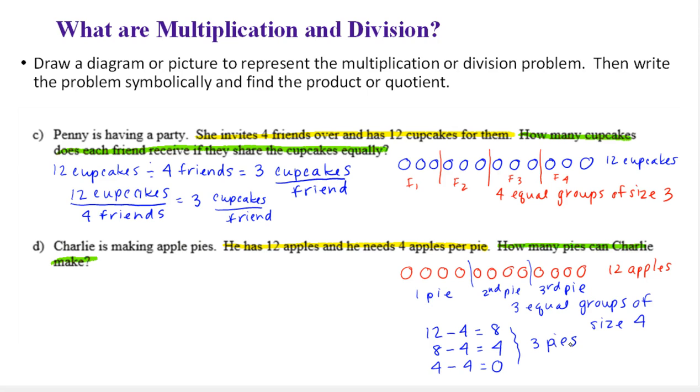So now let's set this up symbolically. So we have 12 apples divided by 4 apples per pie. So I'm going to write this like this. And this gives us the result of 3 pies.